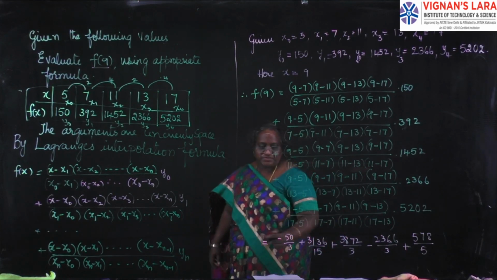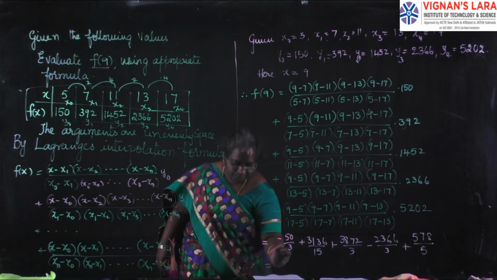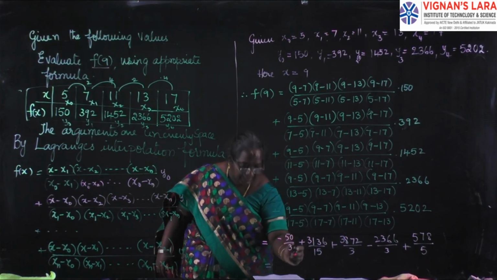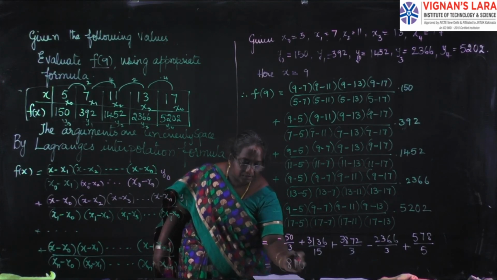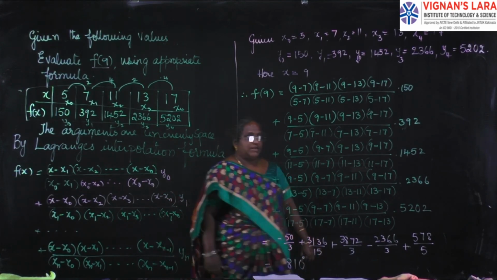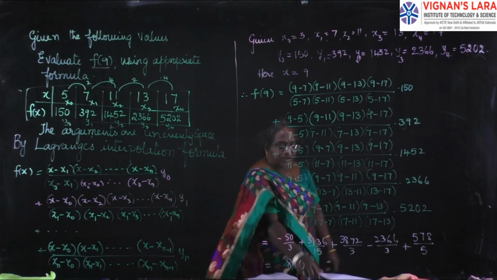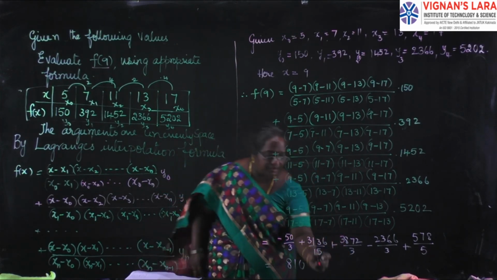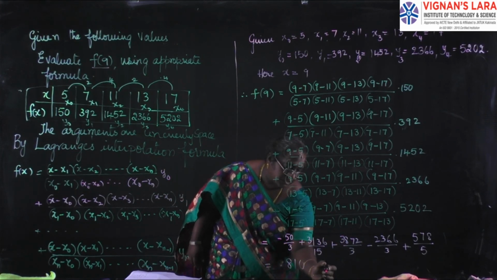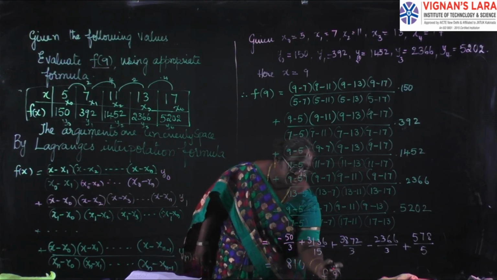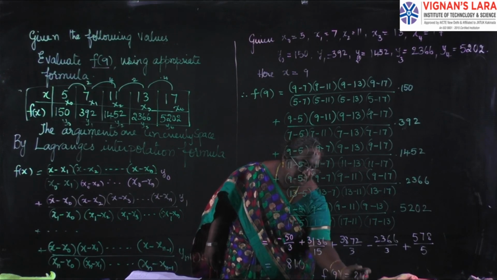Now if you simplify this, it will be 810. Using a calculator you can get these values. So what is the value of f of 9 when x is equal to 9? Therefore f of 9 is equal to 810.